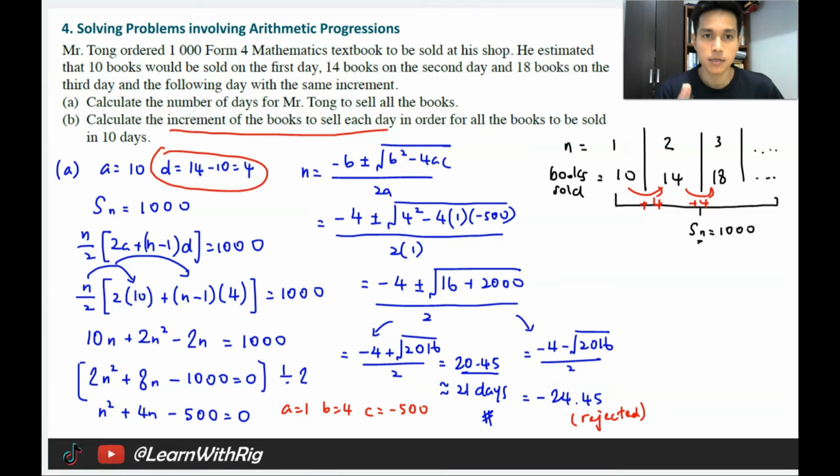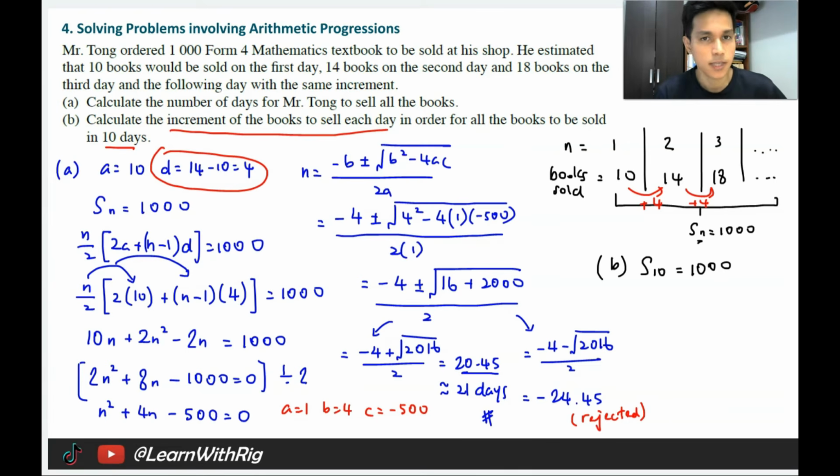But in this case, they're asking you to find the new D value, the new increment, such that it is sold within 10 days. So your method should be, the sum of 10 days worth of books sold should be equivalent to 1000, right? Because he sold everything within 10 days.